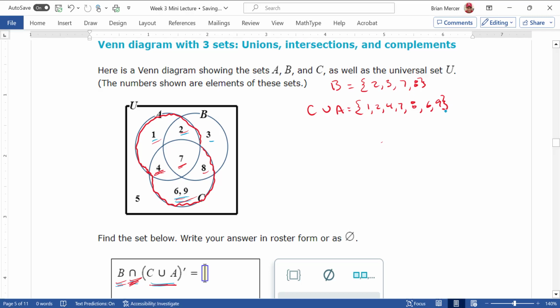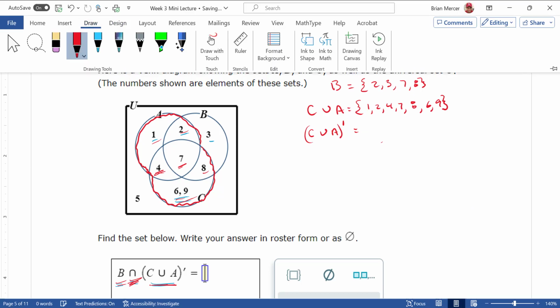Now I want to know what's the complement of that, C union A prime. Order of operations: we first figured out what the union was, and now I'm thinking about the complement, the prime. When you're just listing elements, that makes it kind of nice. I'm going to do this again just to show you something.